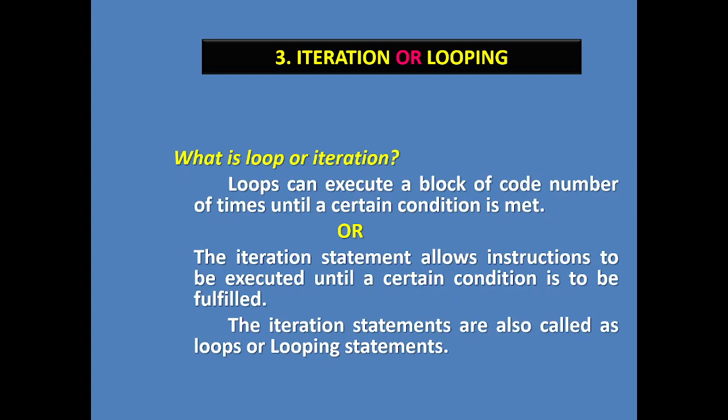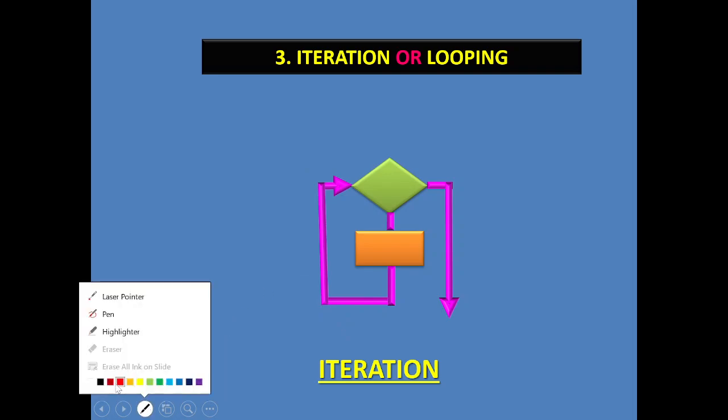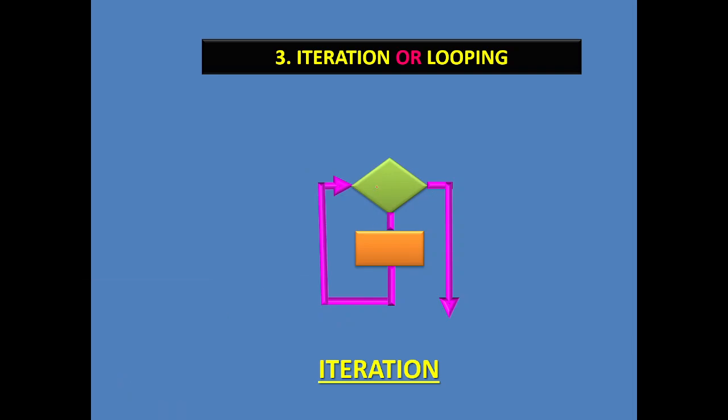See, loops can execute a block of code a number of times until a certain condition is met. That means it is a round and round iteration, repeating the same thing. You can see this picture over here. This is actually the iteration. If the condition is true, then this orange color code block will run, and again it will check the condition over here.